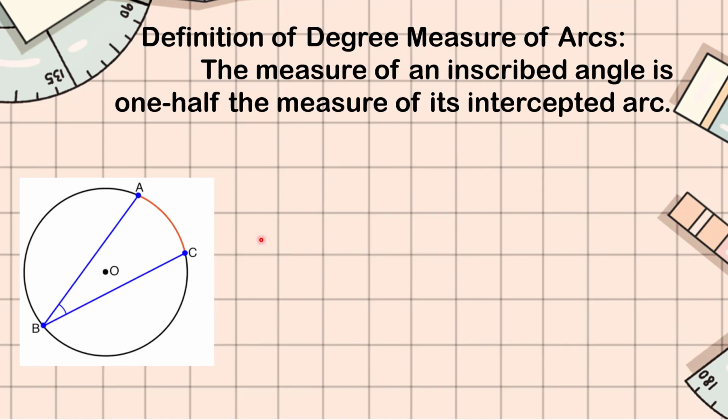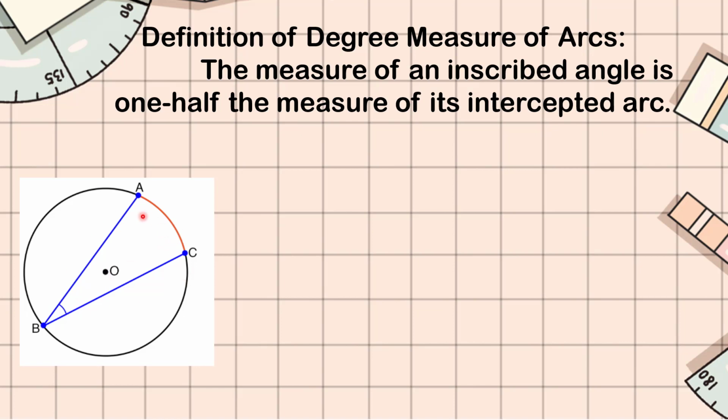So next, the measure of an inscribed angle is 1/2 the measure of its intercepted arc. Again, an inscribed angle is an angle whose vertex is on the circle, not on the center of the circle.